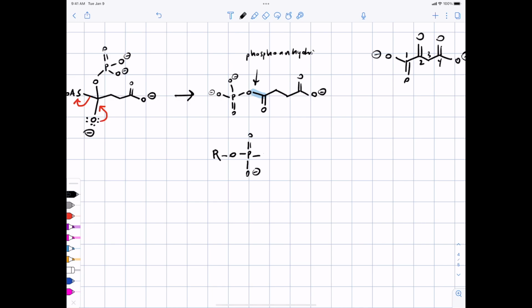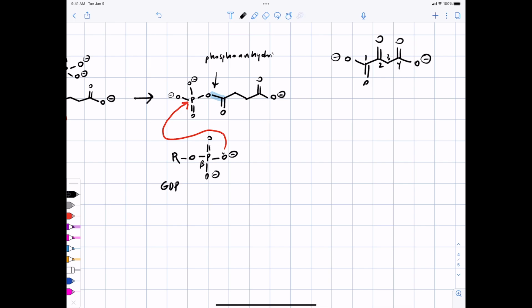And I also don't actually know whether or what the different uses of GDP and GTP are versus ATP and ADP. So I don't have a good answer for that. But this is the beta phosphate of GDP. That's going to attack the phosphate of this mixed phosphoanhydride intermediate in an SN2 style step.